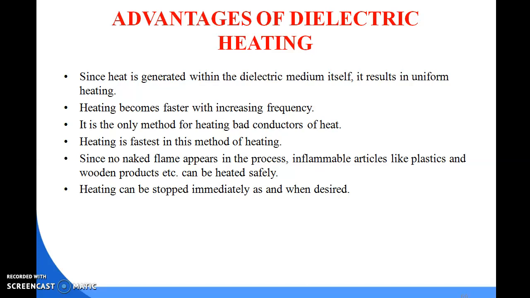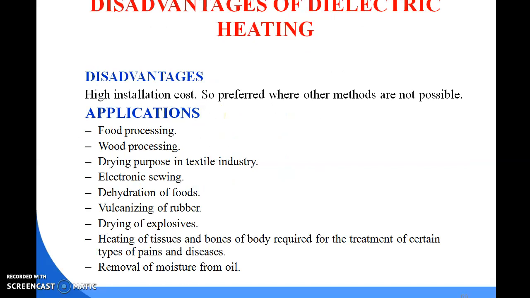It is the only method for heating bad conductors of heat. Heating is fastest in this method, and since no naked flame appears in the process, inflammable materials like plastic and wood can be heated safely. Heat can be stopped immediately as and when desired. So these are the advantages.